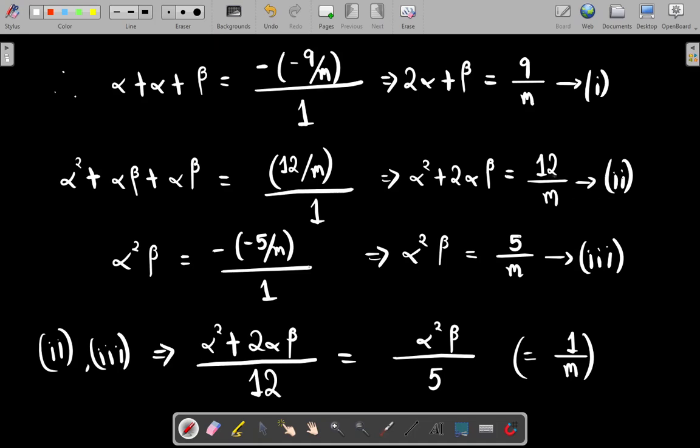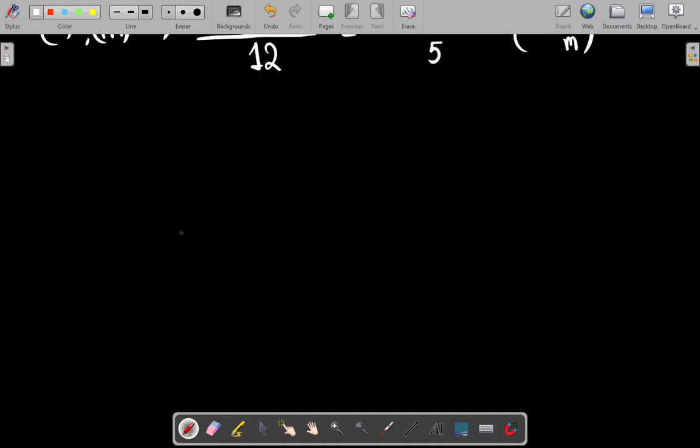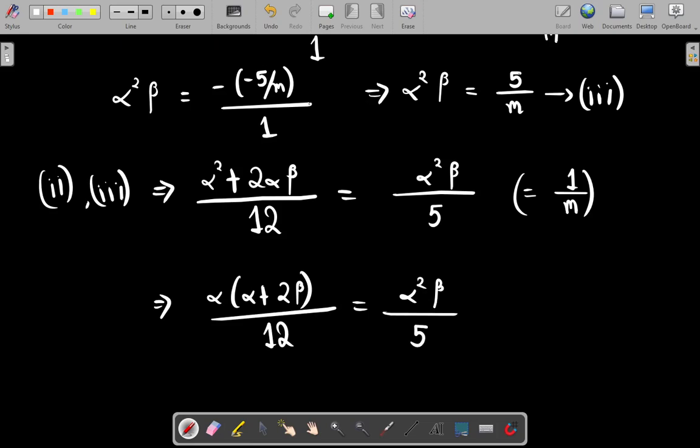If I take 12 in the denominator here, this becomes 1 upon m. Similarly, in 3, if I take 5 to the denominator, this becomes 1 upon m. So I'm equating these two terms. I can take alpha common in the numerator, so this becomes alpha times alpha plus twice beta upon 12 is equal to alpha square beta upon 5.